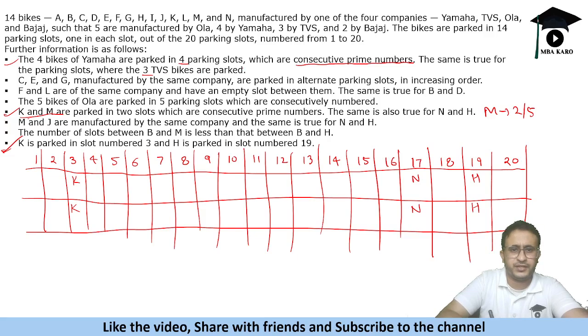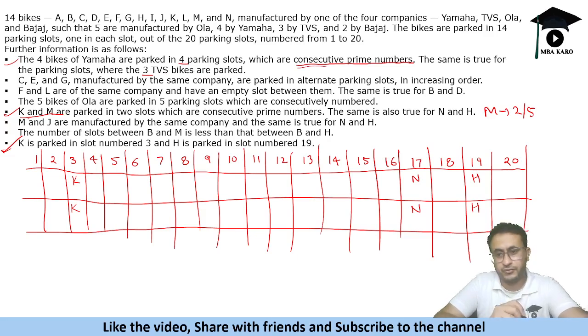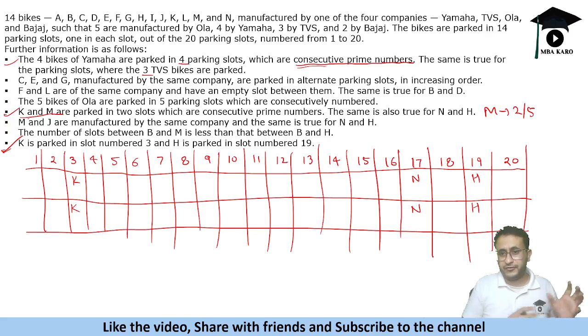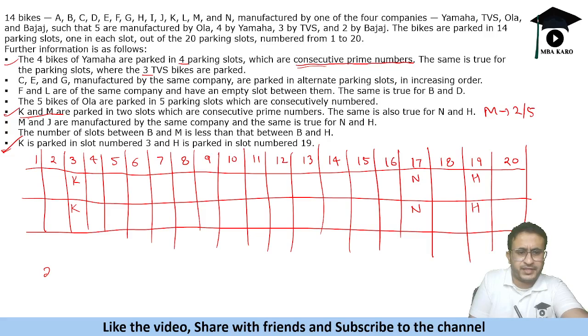Okay, so three another consecutive prime numbers. So 3 here, 4 here. So 7 bikes are such in prime numbers. Now, one thing that we need to see is what are the prime numbers till 20, right? It's a small number, let's count it. So the prime numbers are 2, 3, 5, 7, 11, 13, 17 and 19.